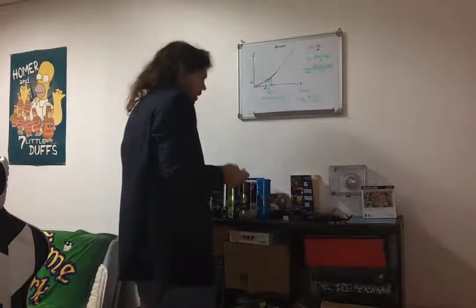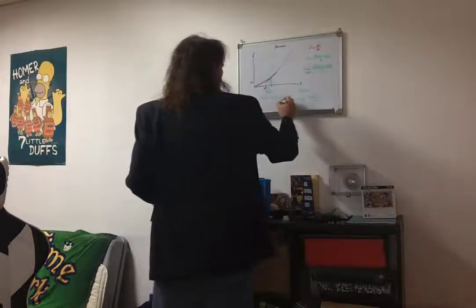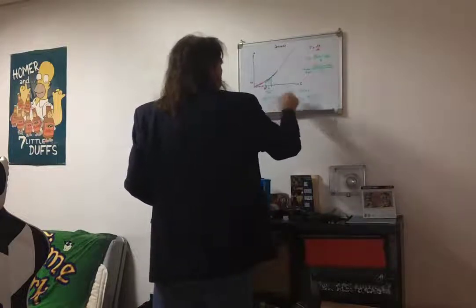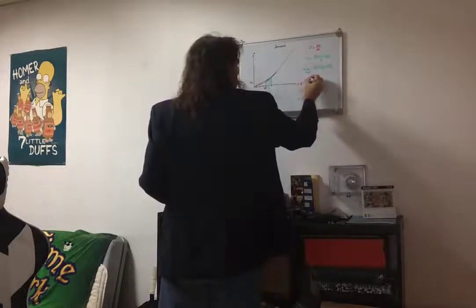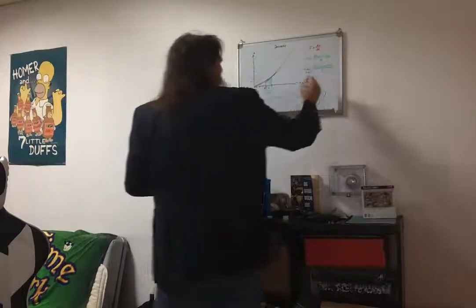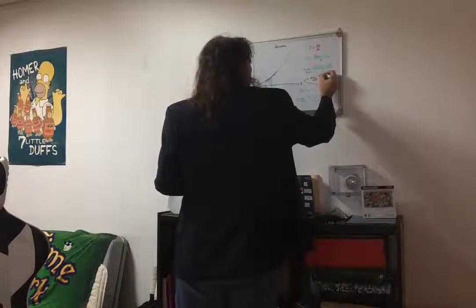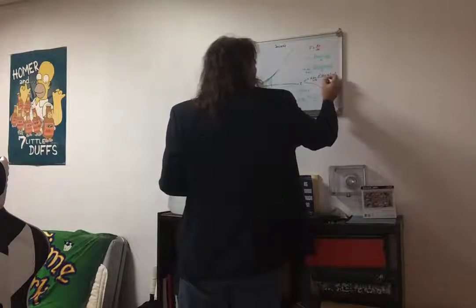And I'm going to use this black pen to have it better recognizable. And then we have x squared plus 2hx plus h squared minus x squared, divided by h.